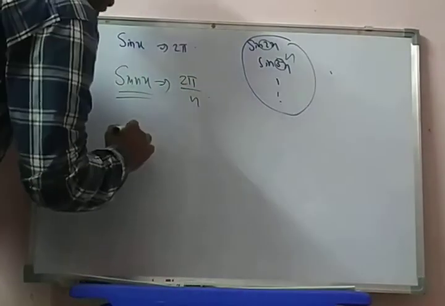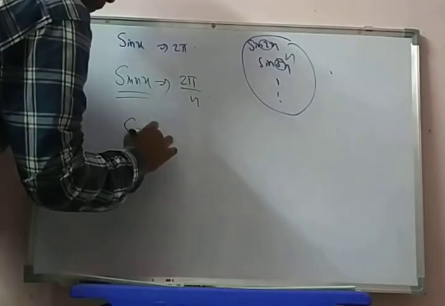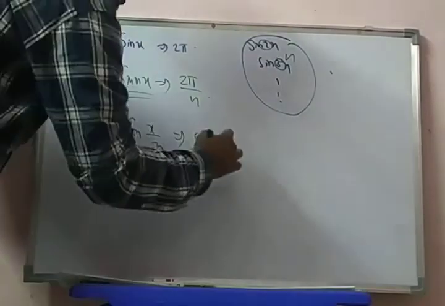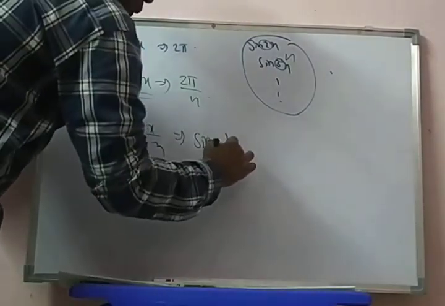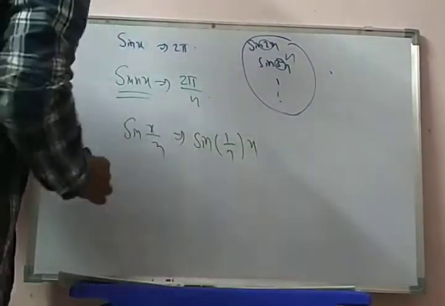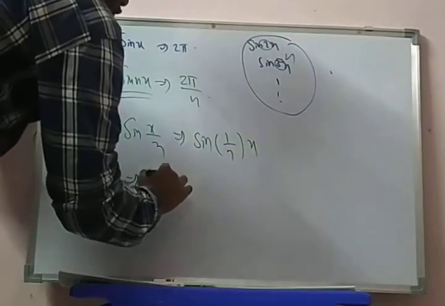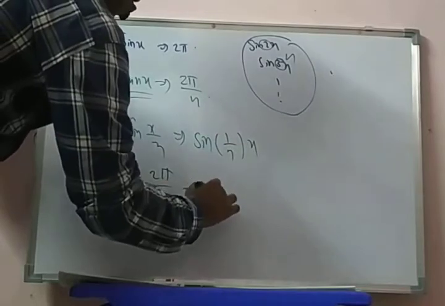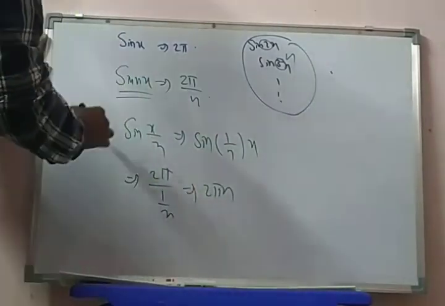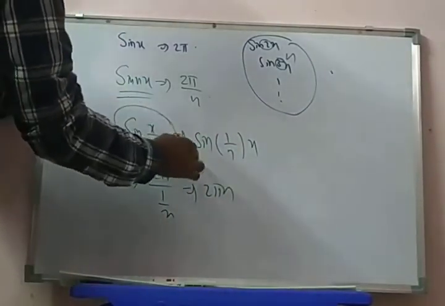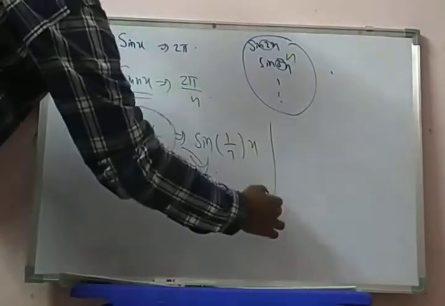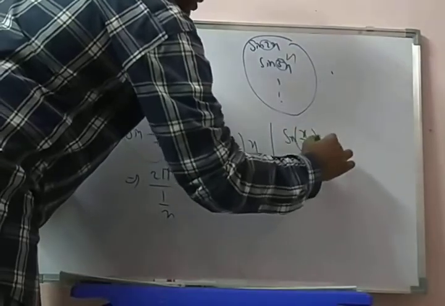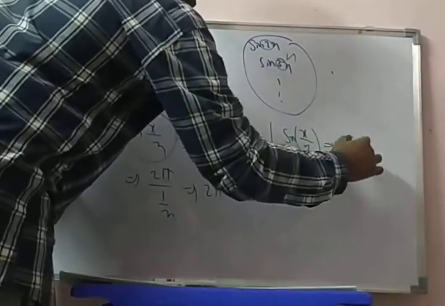For sin x by n, it can be written as sin of 1 by n into x, so the period is 2 pi by 1 by n, which implies 2 pi n. So the period of sin x by n is 2 pi n.